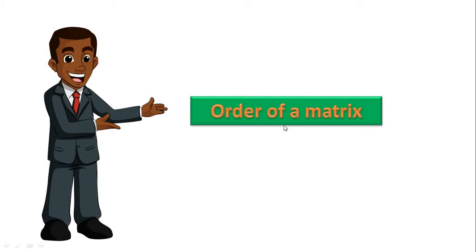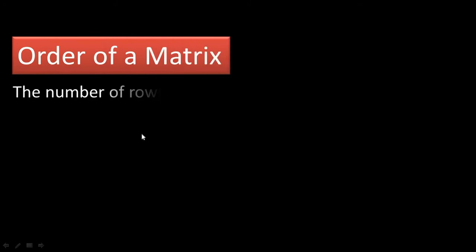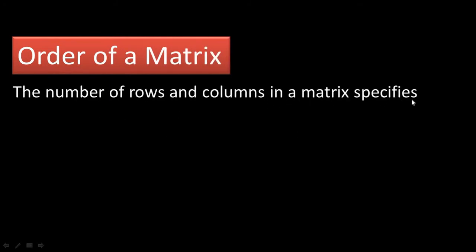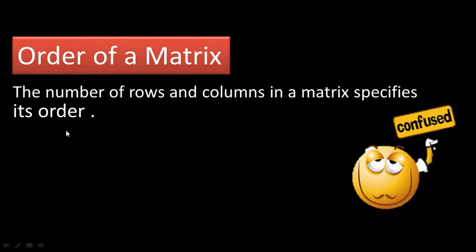Now we are discussing the order of a matrix. This is also an important definition. The number of rows and columns in a matrix specifies its order. Are you confused about this? Okay, I clear it.